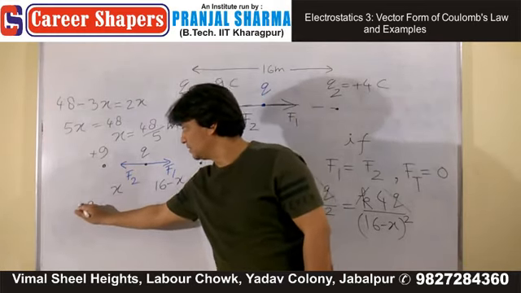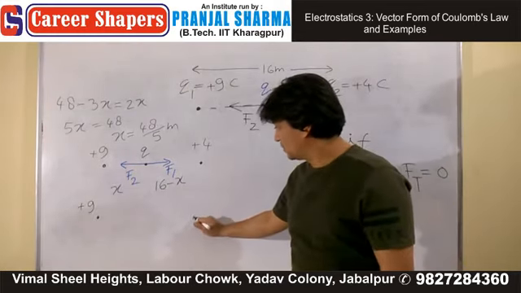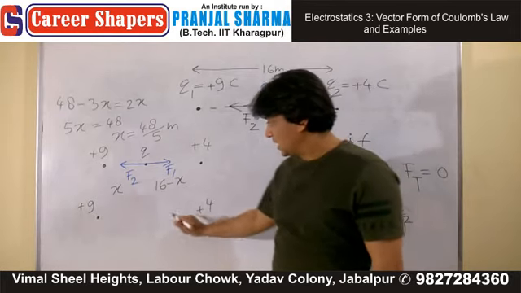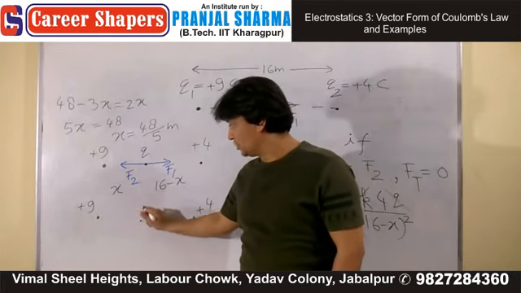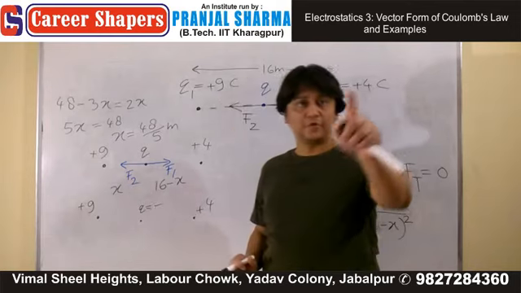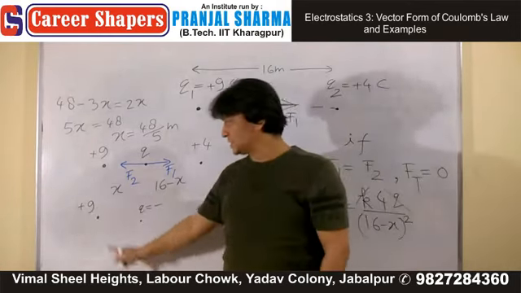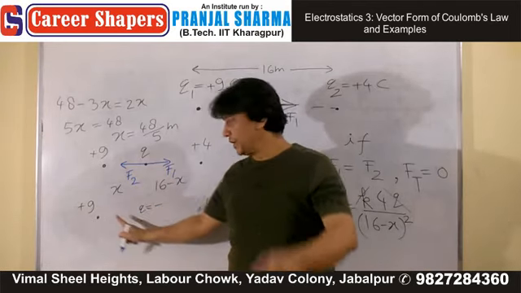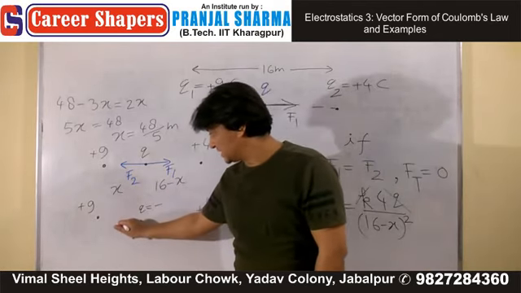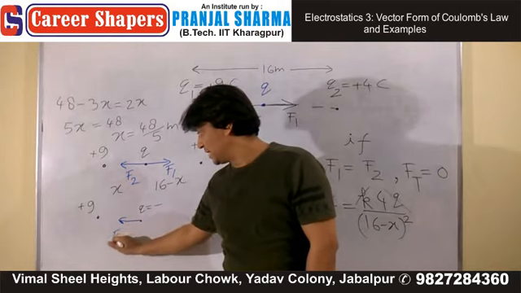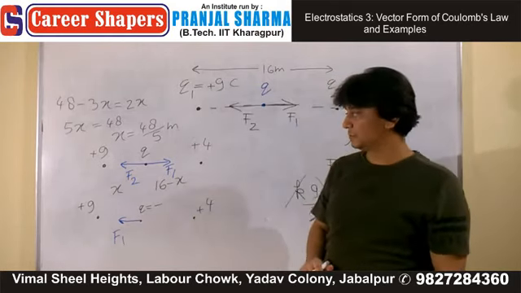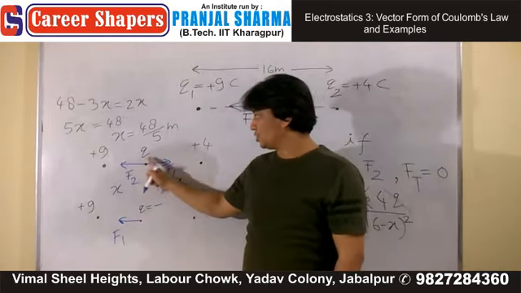This is 9, this is 4. If your third charge Q is negative, this 9 is going to attract Q towards itself with F1. What is the force of 9 on Q? F1.